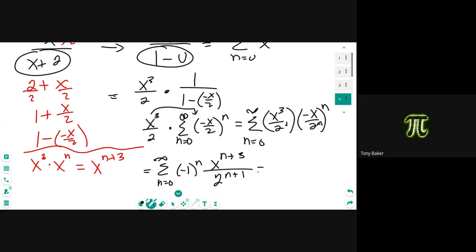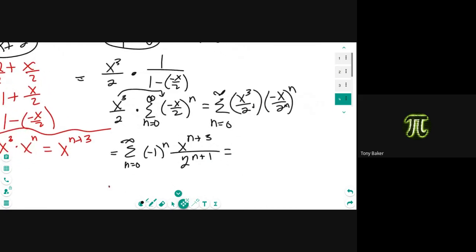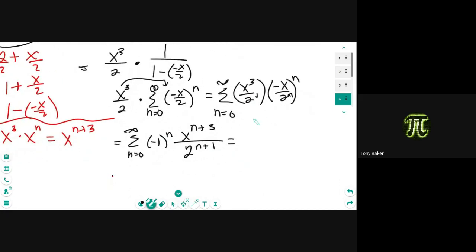Now, just so we keep the x's by themselves, when you write this, we want to put the negative 1 to the n over 2 to the n plus 1, and then x to the n plus 3 is separate.